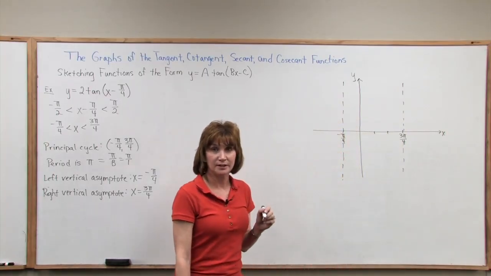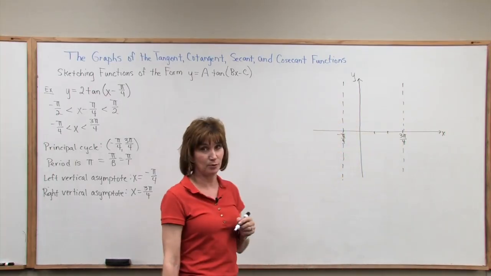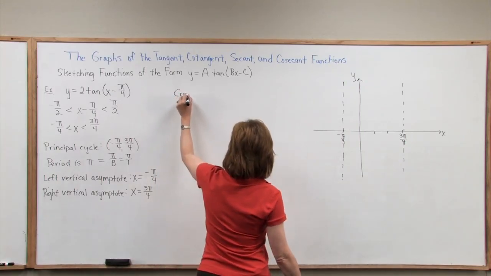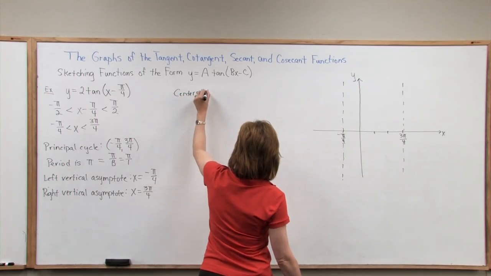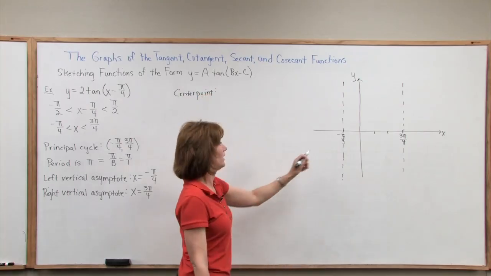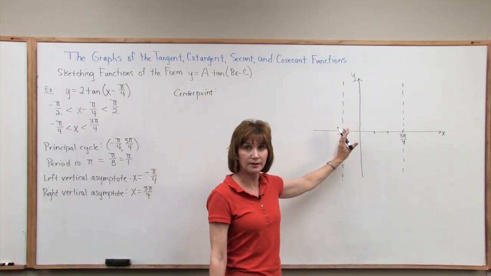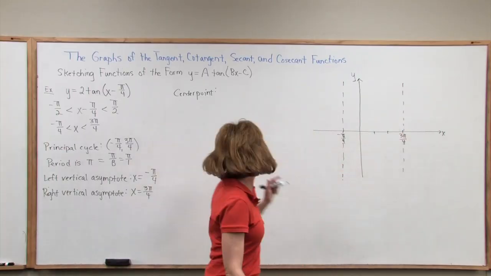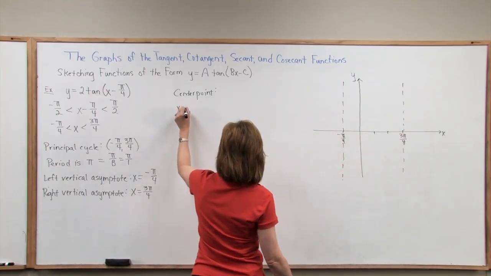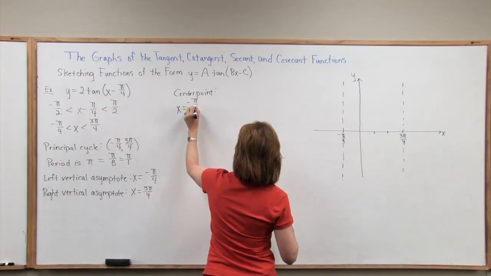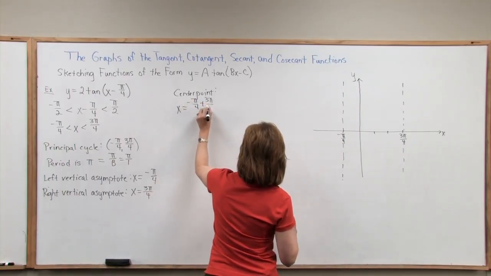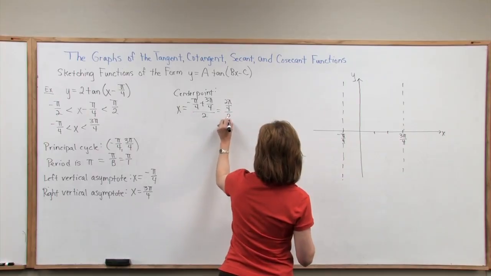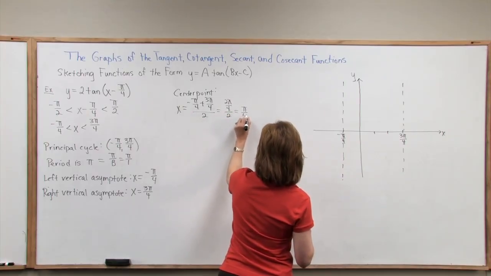Next, we need to find those 3 key points. Let's start with the center point. Recall that the x-coordinate of the center point is located midway between the x-coordinate of the left vertical asymptote and the x-coordinate of the right vertical asymptote. So that means our x-coordinate will be, you can add up these coordinates and divide by 2, which gives me 2 pi over 4 divided by 2, which is pi over 4.